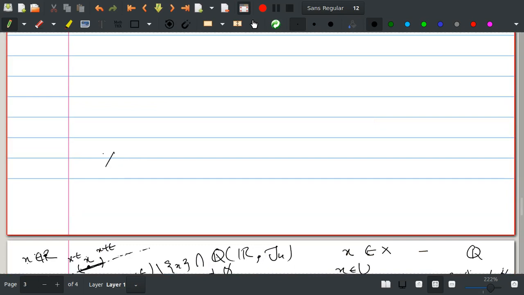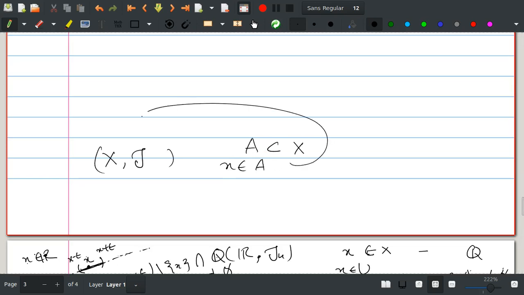If (X, T) is our topological space, we call a set A in X an open set if for each x in A there exists an open set U such that x is in U and U is contained in A.